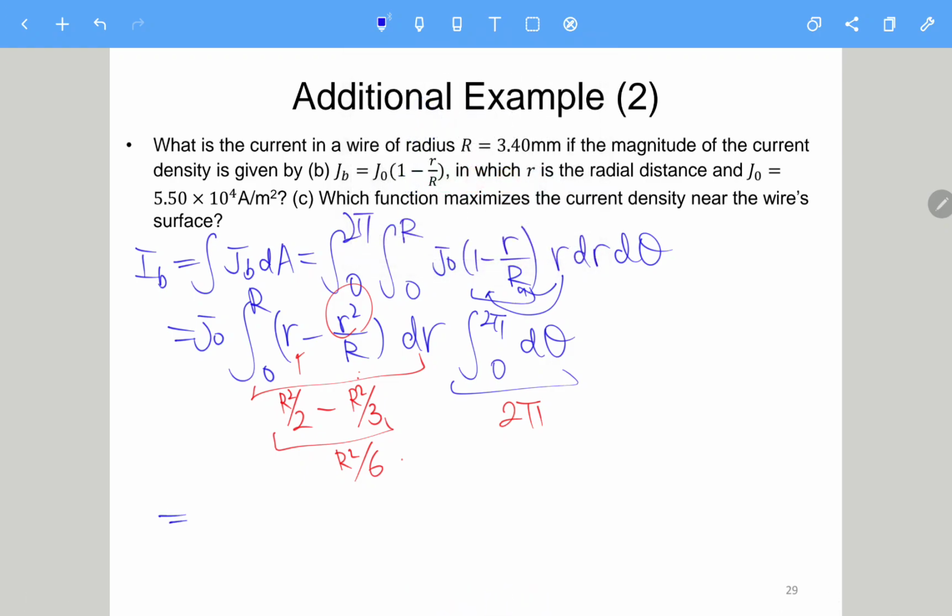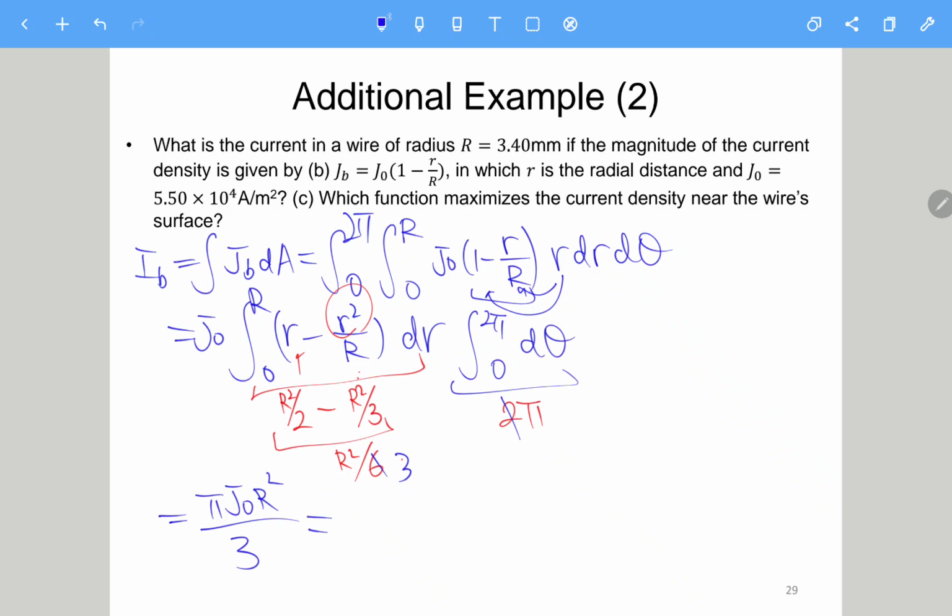So this is, let me see, this 2 and this 6 can be cancelled partially. So it becomes pi J0 R squared over 3.